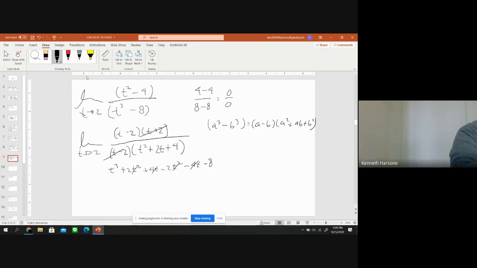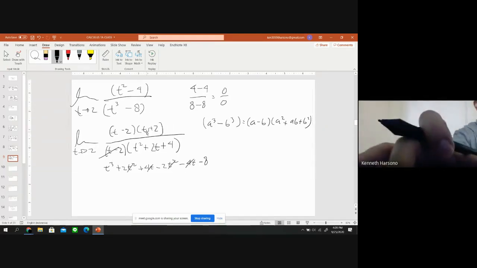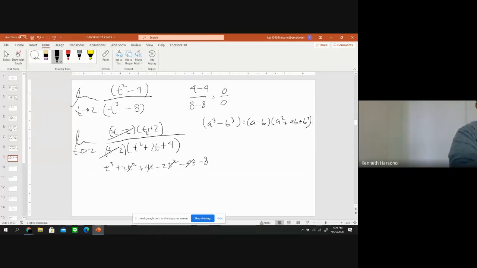If you cancel something from the denominator in a limit, it's 80% done. Then you can substitute the 2 back into the limit, and you get 2 plus 2 over 4 plus 4 plus 4.